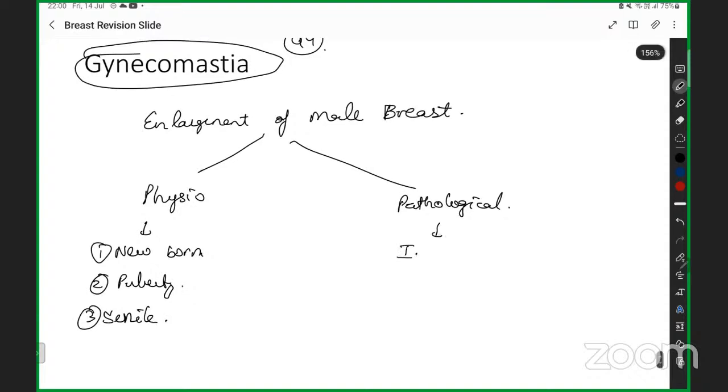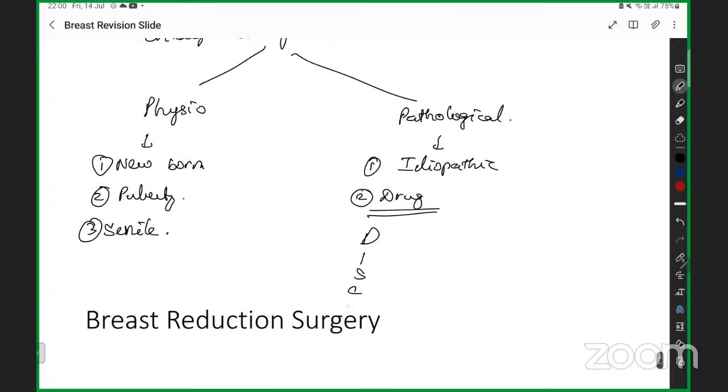Pathological causes: number one, idiopathic. Number two, drug caused. Remember the drugs as DISCO. D stands for digoxin, I stands for isoniazid, S stands for spironolactone, or you can also remember it as steroid.